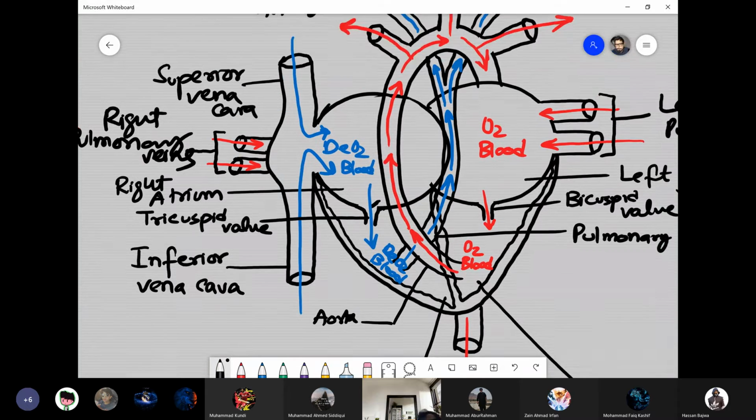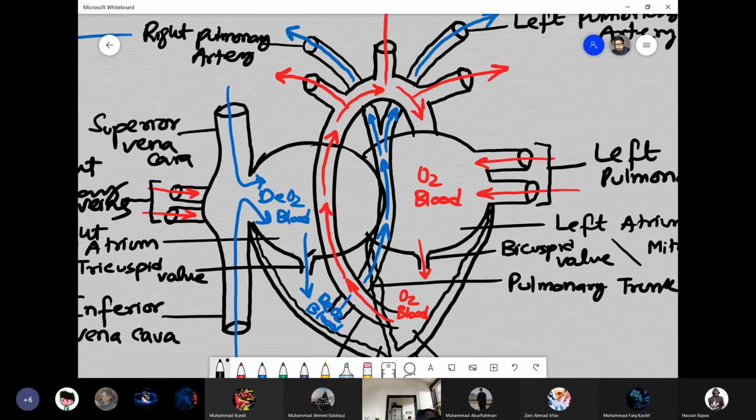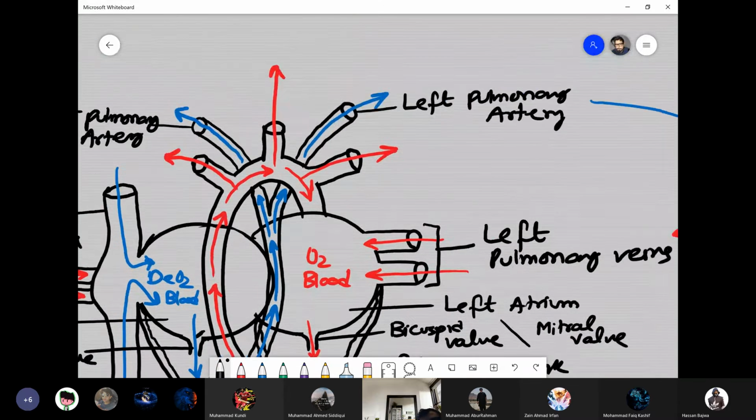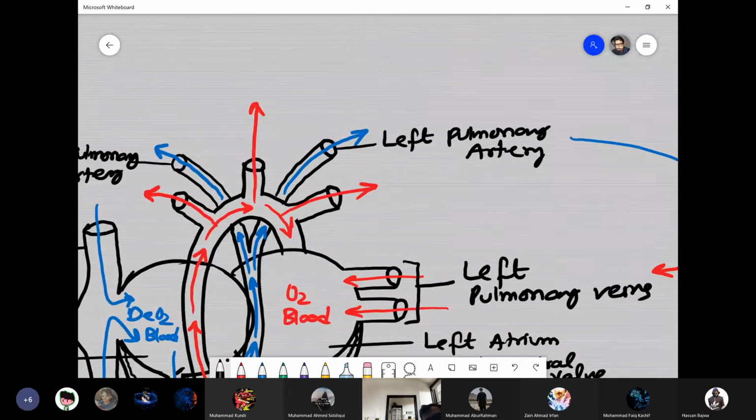Now, when this blood vessel, the aorta, goes up, it divides into three blood vessels. This one is taking the blood to the left. It is called the left subclavian artery. This is taking the blood to the left shoulder and left arm.